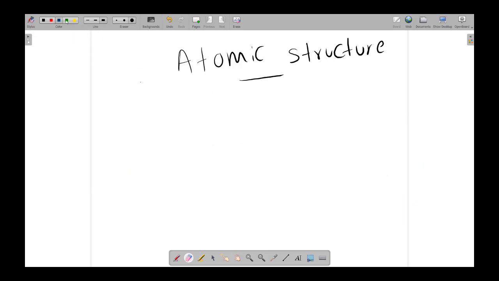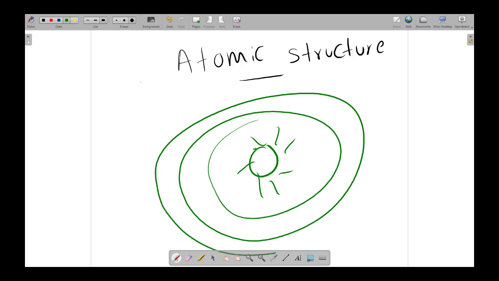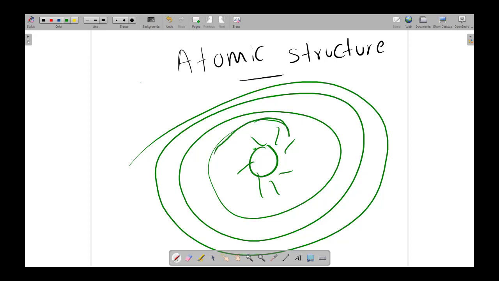If we consider the solar system, the sun is in the middle. Then all other planets are going round like this in a kind of route, pathway.